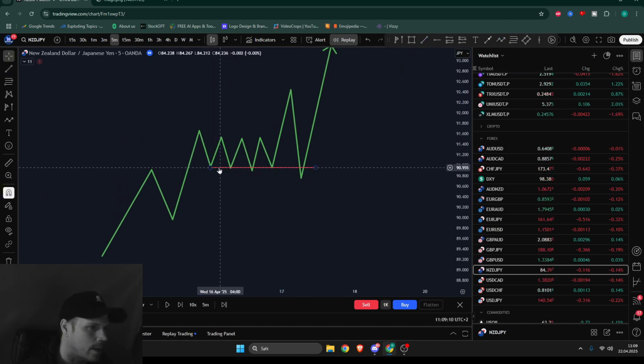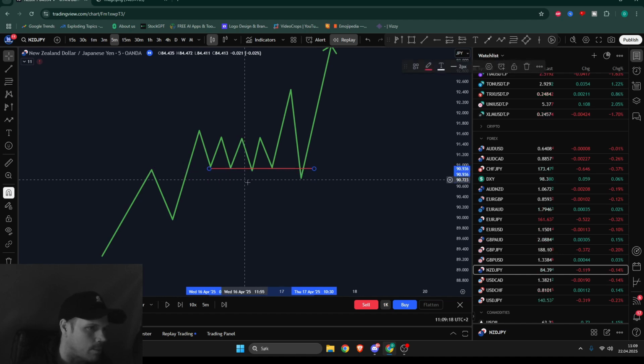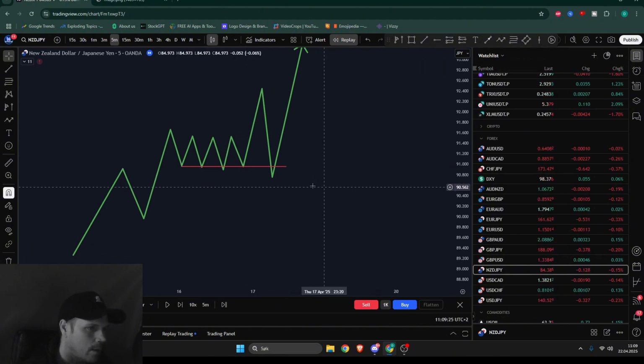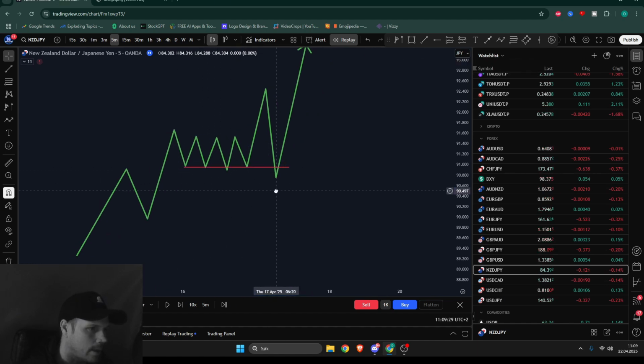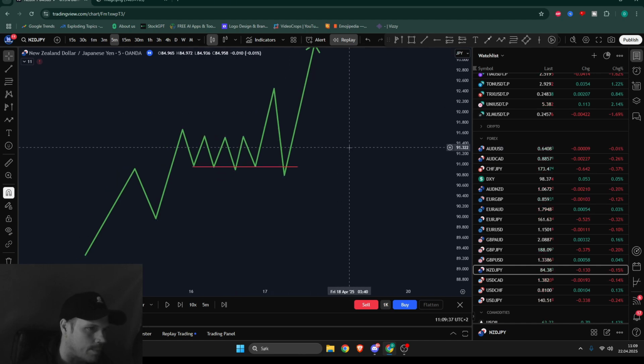This zone right here, common traders will look at as a strong support and a safe place to put their stop loss, right? When you're seeing an area like this, you can anticipate that price will come back and sweep this area before it's actually going to push to the upside again.